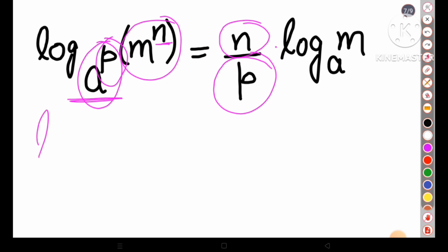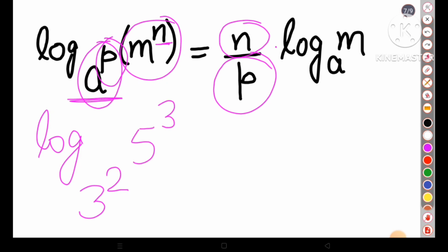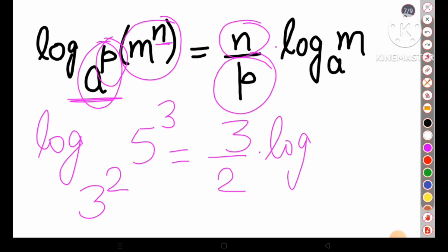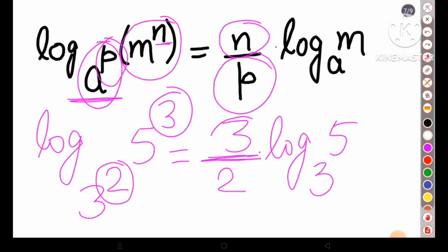For example, log 5 raised to the power 3 with base 3 raised to the power 2 is equal to 3 upon 2 into log 5 with base 3. So, when both the input and the base has powers, then the power of the input upon the power of the base into the log function.